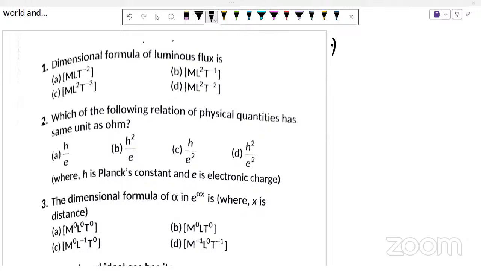Anyone? Dimensional formula of your luminous flux. Can you tell me what do you mean by luminous flux, beta?